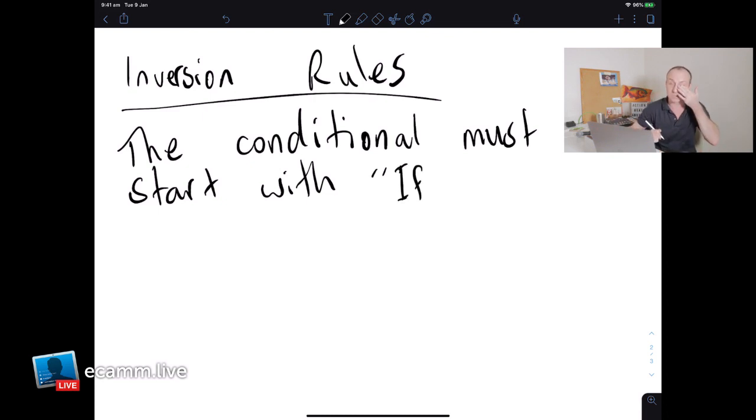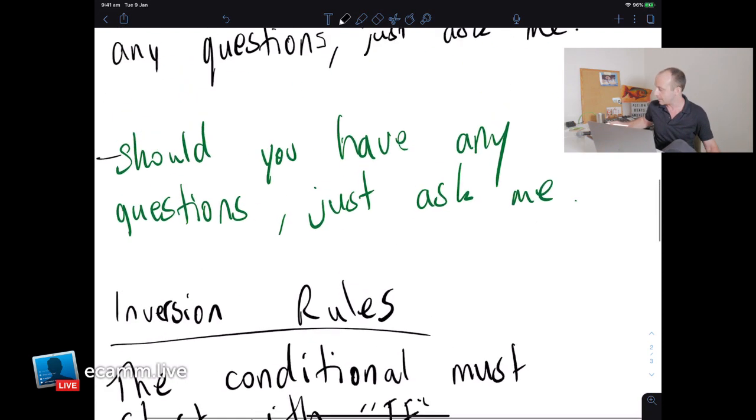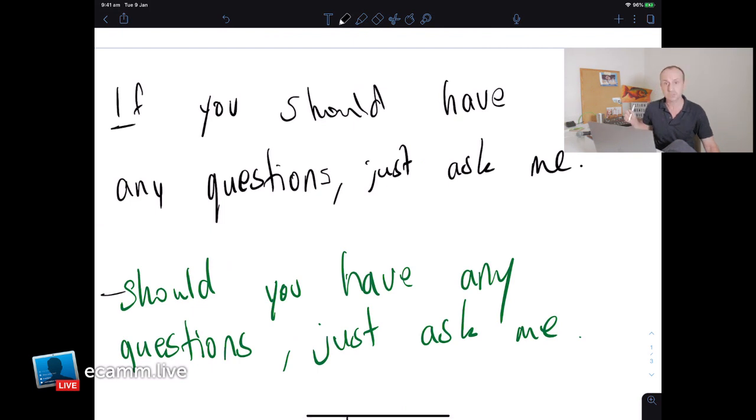Of course it's a conditional, it should start with if, but there are other words that we can use instead of if, and then we can't do this. So, the conditional must start with if. Good. In our example, it starts with if, right? Lucky us.